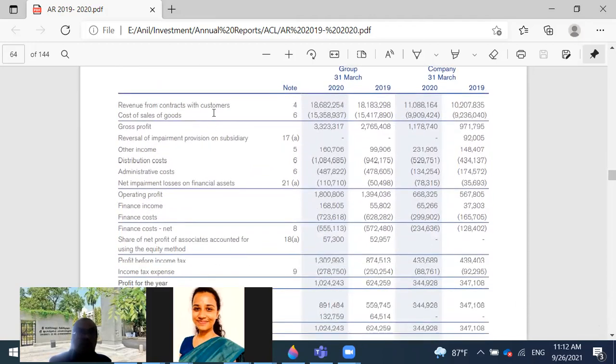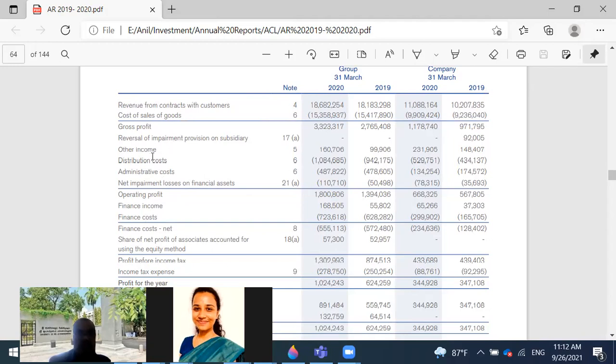Revenue from contract with customers, that is according to accounting standard. Cost of goods sold, gross profit and expenses, then operating profit. So this also implies that up to this point, all the items are operating. These are non-operating: finance income and finance cost.